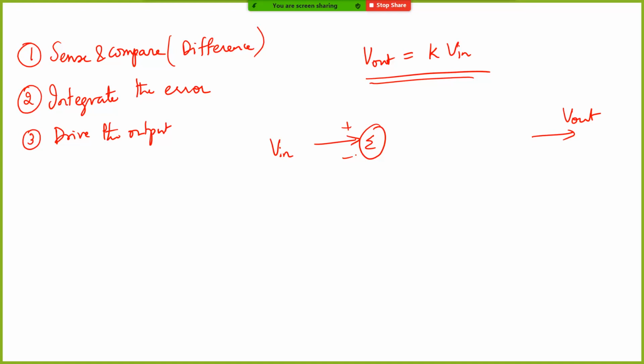So what you can compare with is nothing but a scaled version, 1 by K times V out. Let me just put it as a 1 by K block. Okay, so you tap the output, you take 1 by K times of it, and you want to make sure that this error, let's call it VE, goes to 0.